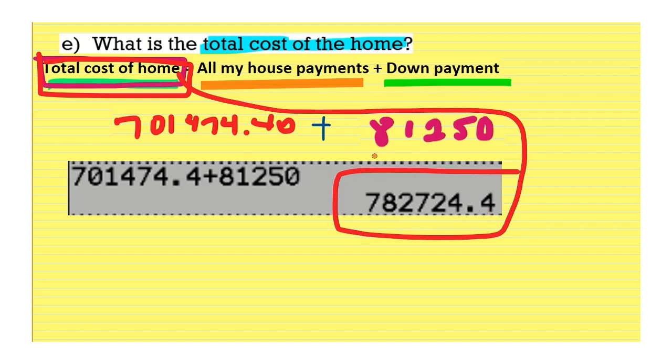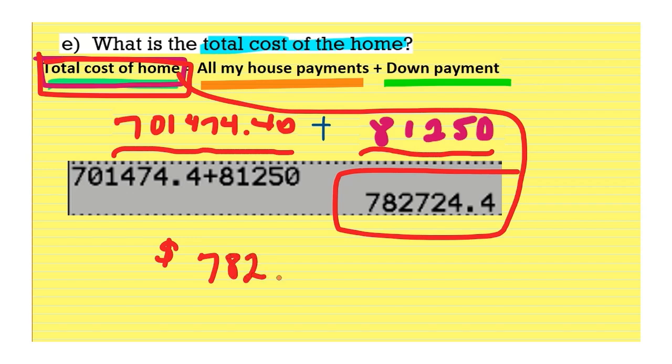So I paid originally 30 years ago, I paid 81,250, and over 30 years, I paid 701,474.40, and it gave me a grand total my house cost me of $782,724.40. So I hope that helps you understand how to go through this process of calculating the cost of a home.